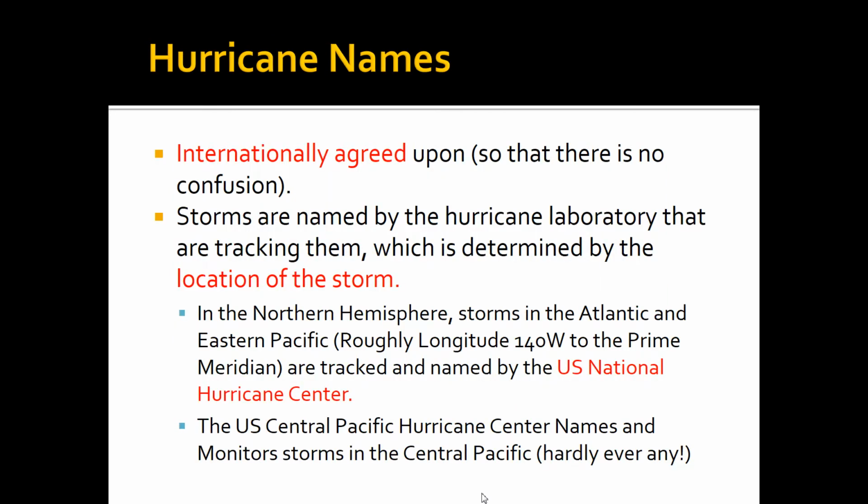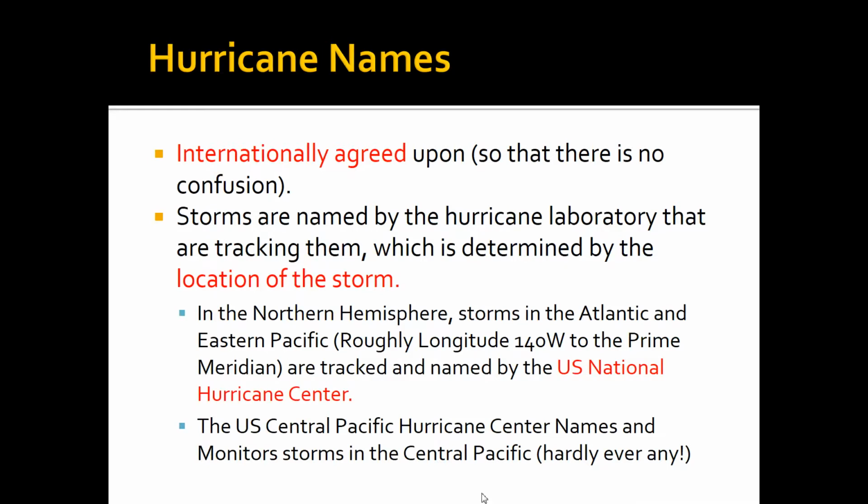Now, what's in a name? So we've discerned the idea that we want to issue warnings for these storms. We also want to be prepared for the hazards that they cause, but why do we name them? Well, the idea behind naming a hurricane comes from the fact that more than one of these storms can be present around the world at the same time. In fact, I'll show you in an image in a few minutes that you can have multiple hurricanes during one period of time.